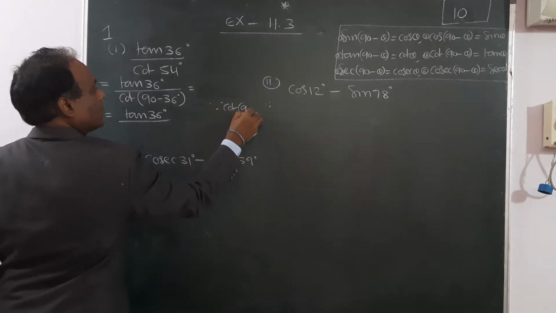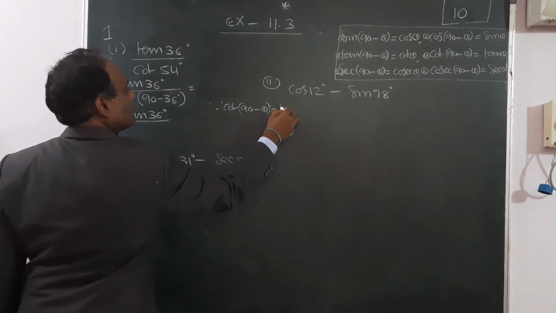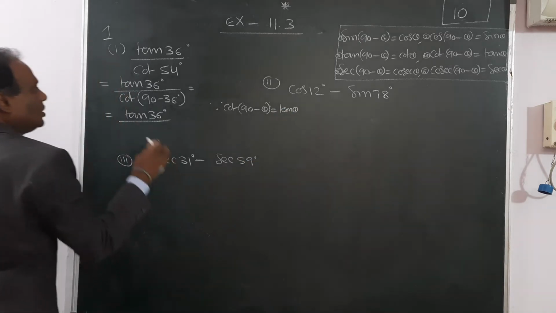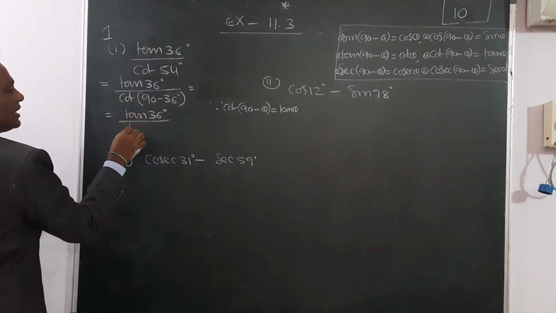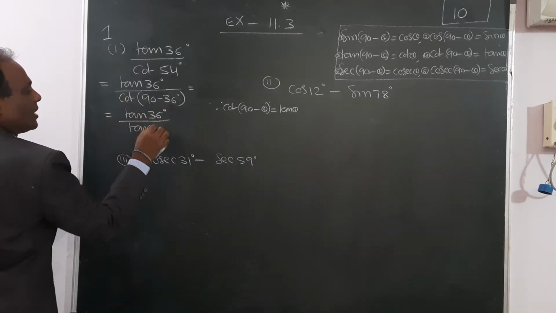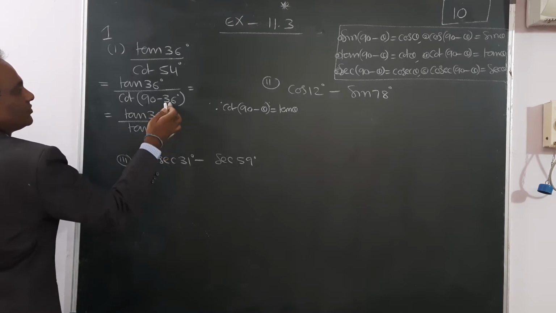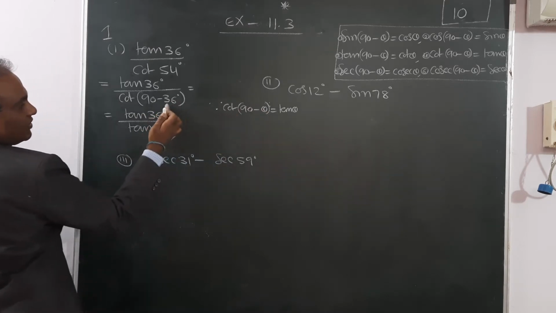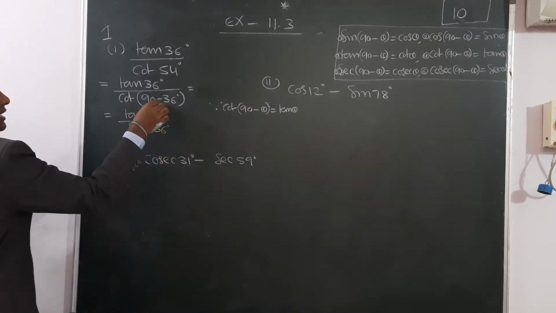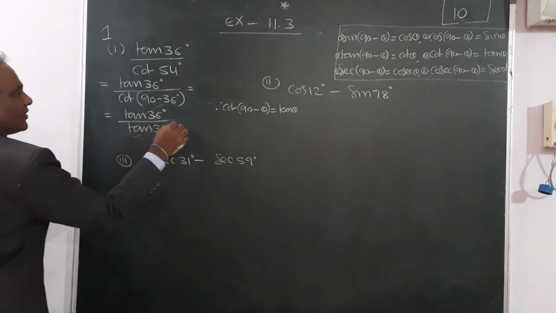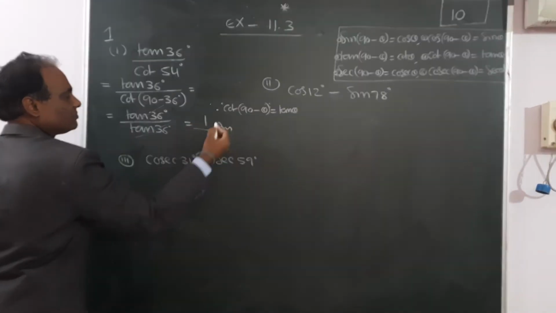Cot 90 minus theta is tan theta. In place of theta we have 36 degrees. Tan 36 by tan 36 cancel. Answer is 1.